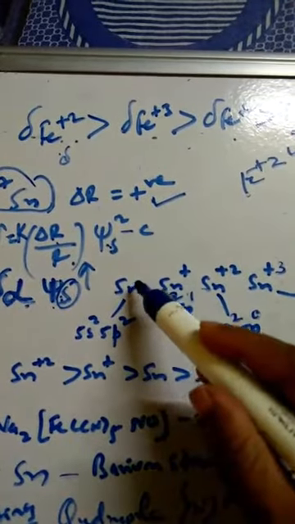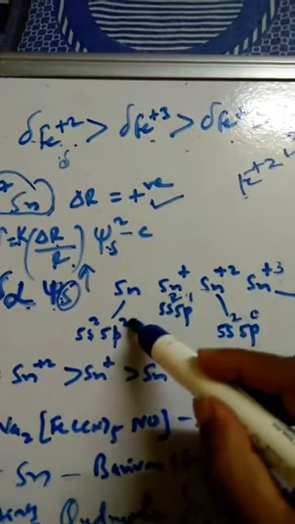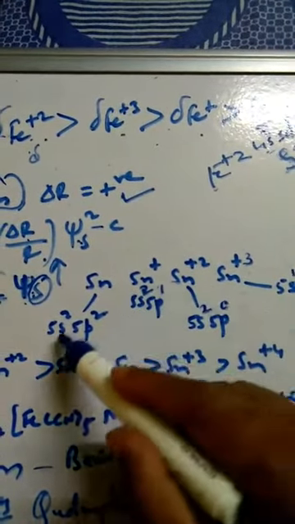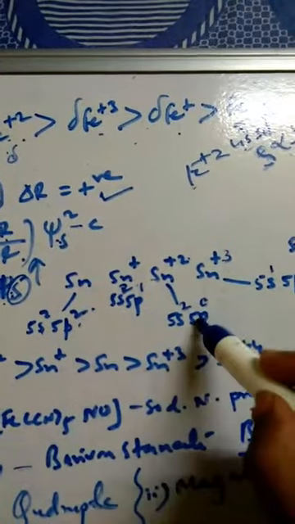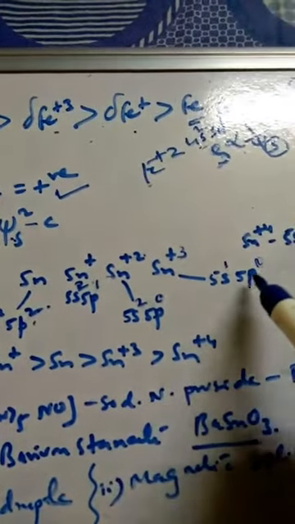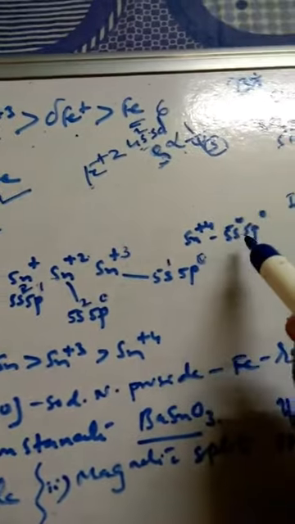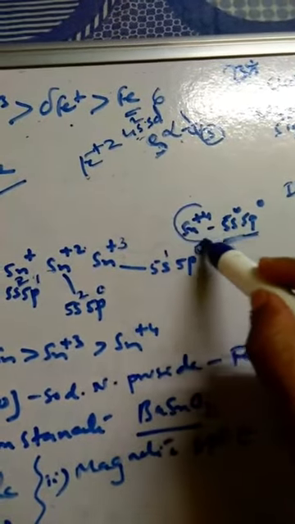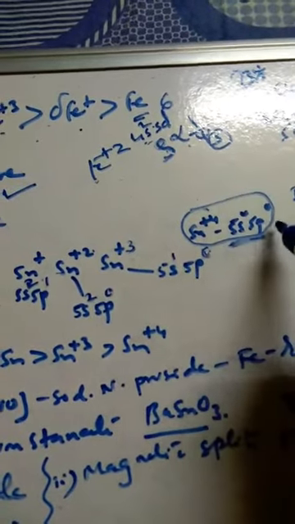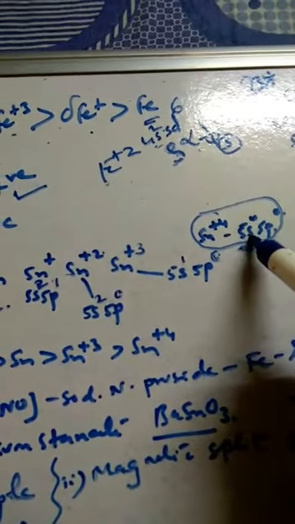Similarly, if you take tin here, having 5s2 5p2, Sn+1 is 5s2 5p1, Sn+2 is 5s2 5p0, Sn+3 is 5s1 5p0, and Sn+4 is 5s0 5p0. That means +4 doesn't have any electron in the p orbital as well as the s orbital.